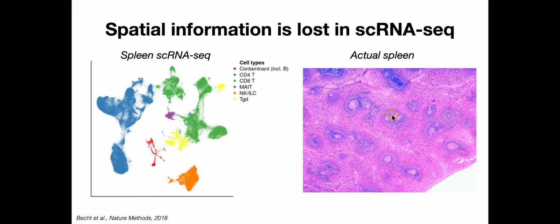And that location information is really critical to the biology of these different cell types. We know in an actual spleen you have germinal centers where these cell types interact that determines the outcome of an immune response. And so one of the big technology developments, and something that's changing really rapidly and that will continue to change over the coming years, is an array of technologies based around trying to localize transcripts in these intact tissues.